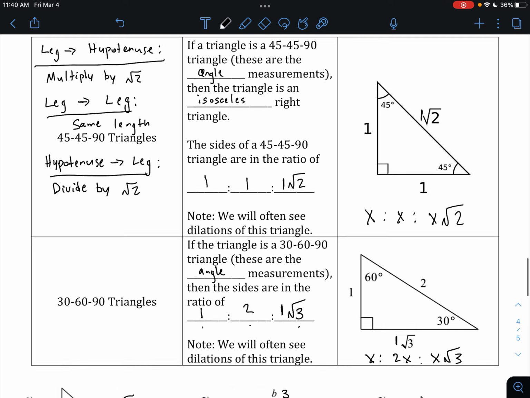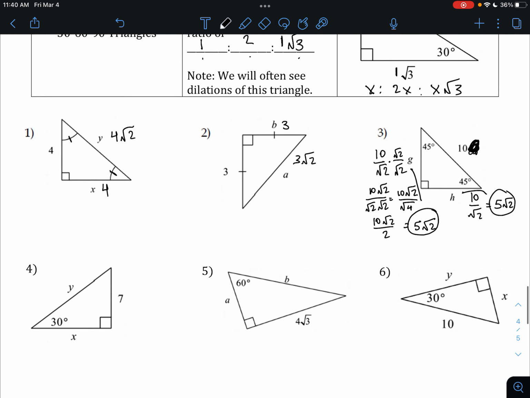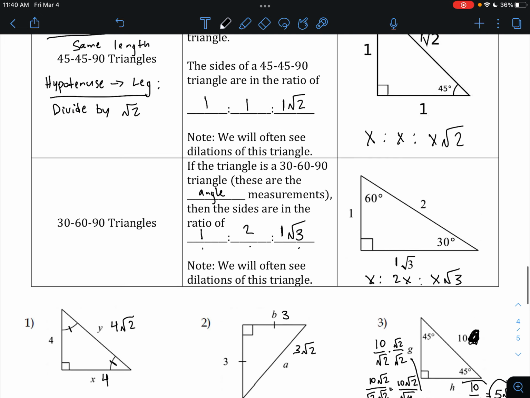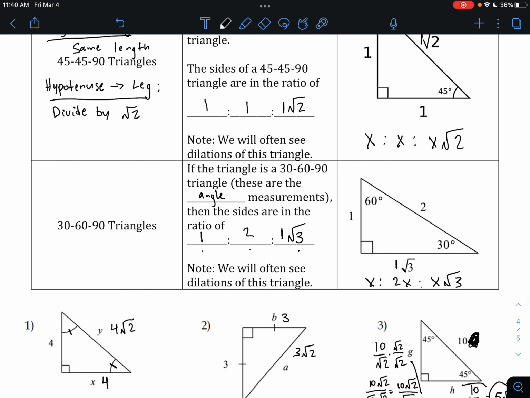Before we get too deep into these examples, I want to see if we can figure out the process for finding the long leg and the hypotenuse given the short leg. So if I'm starting from my short leg, I'm going to put this over here. Short leg to hypotenuse, we are going to multiply by 2.